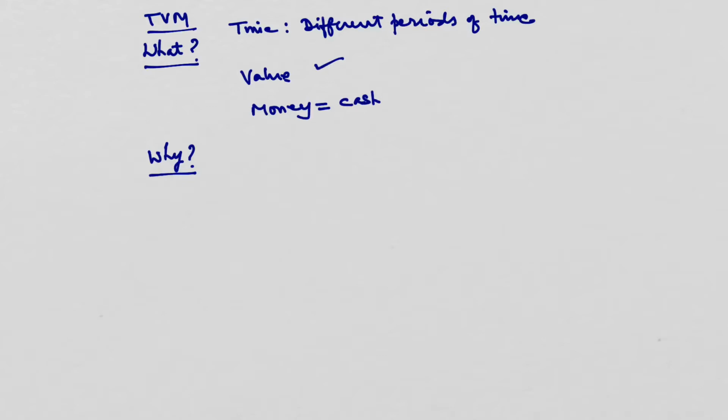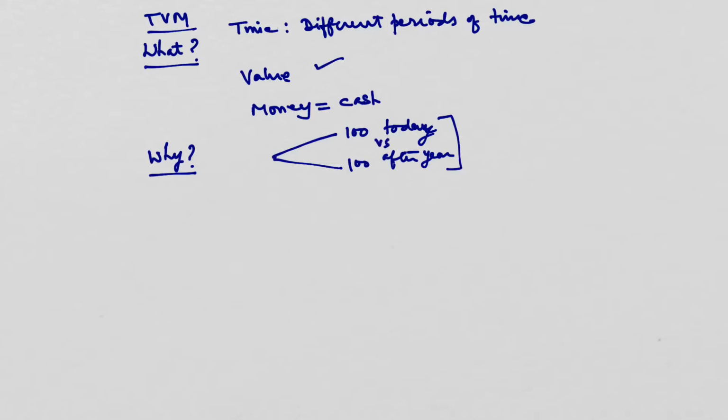Let me give you a simple example. I give you a choice that either you accept rupees 100 today or you will get this after 1 year. Which one would you choose?